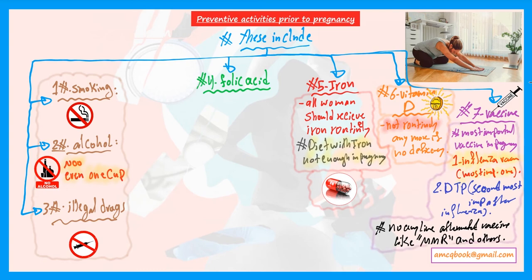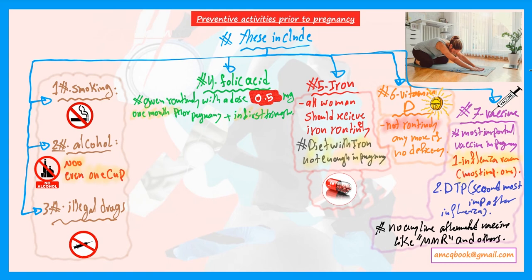Now let's talk about folic acid. Folic acid should be given routinely at a dose of 0.5 milligram to any pregnant woman 1 month prior to pregnancy and during the first trimester of pregnancy.